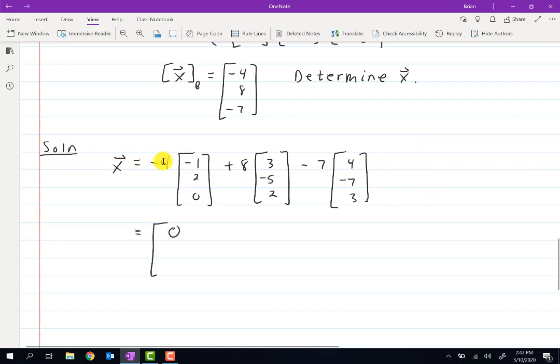Then we have negative 4 times 2, that's negative 8, minus 40, so we're negative 48, plus 49, I get a 1. Then finally 4 times 0 is 0, 8 times 2 is 16, minus 7 times 3, so I have negative 5. So there is x.